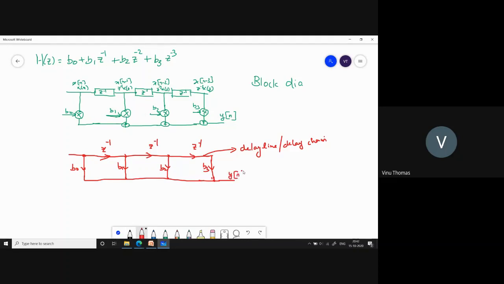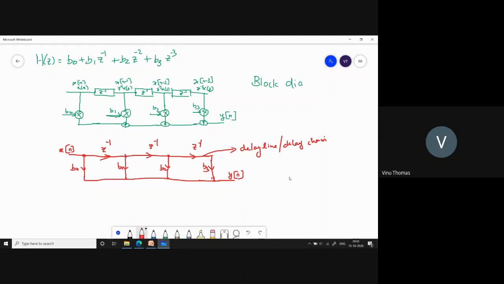So it's easy to understand that this entire structure can be written as a Python program, or in your case as an Octave program, or a MATLAB program, or a C program, whatever. You can very easily implement a program for this using some basic programming syntax. So you are usually implementing this structure: b0 times x of n plus b1 times x of n minus 1 plus b2 times x of n minus 2 plus b3 times x of n minus 3. This implementation is fairly straightforward.